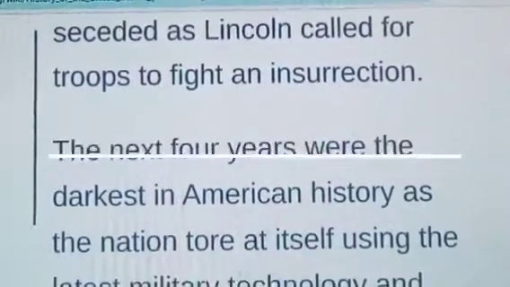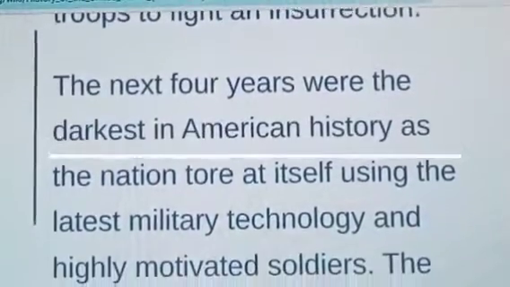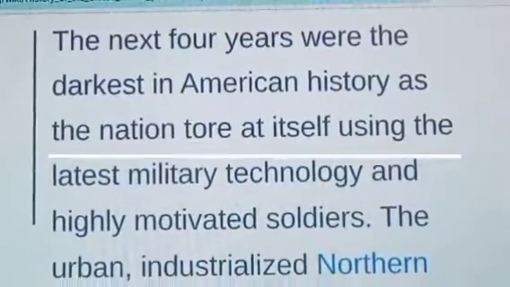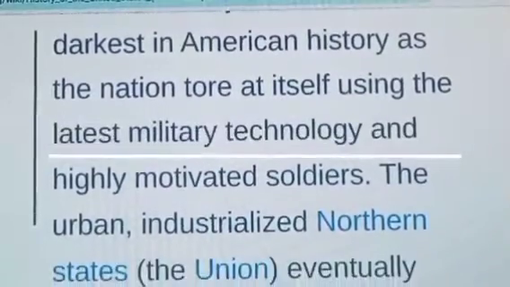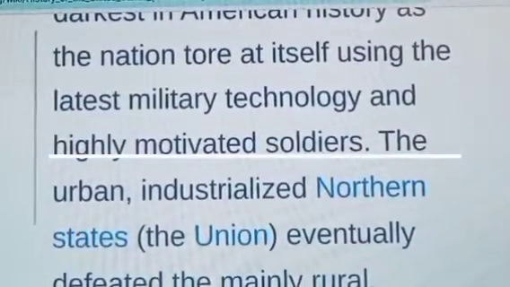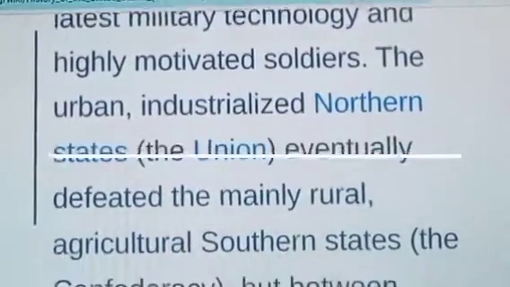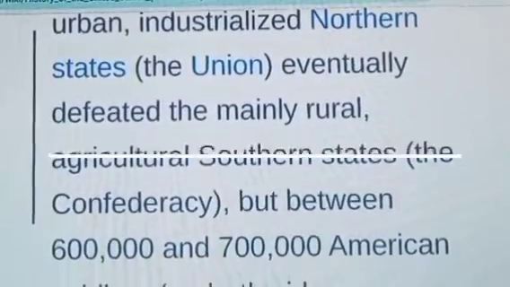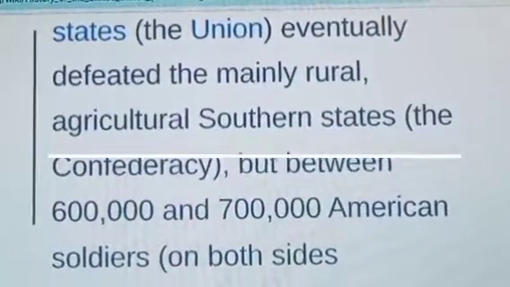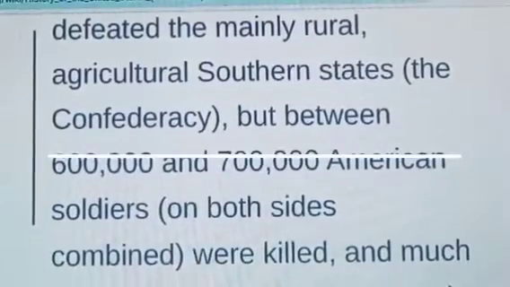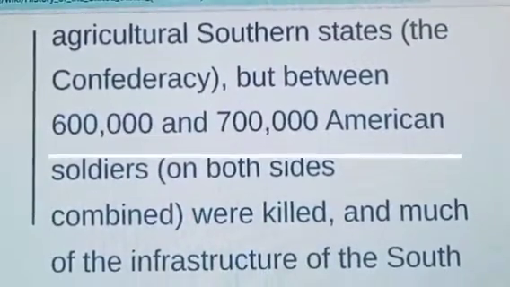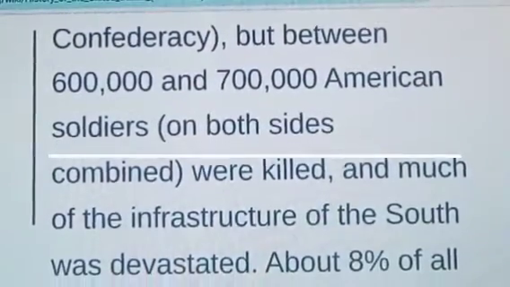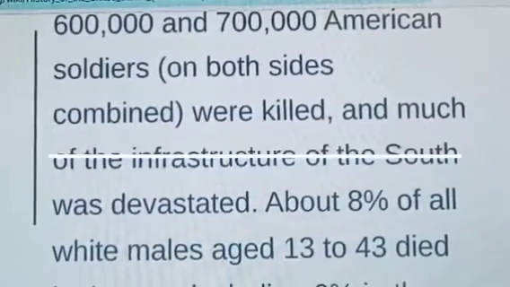The next 4 years were the darkest in American history, as the nation tore at itself using the latest military technology and highly motivated soldiers. The urban, industrialized northern states, the Union, eventually defeated the mainly rural agricultural southern states, the Confederacy, but between 600,000 and 700,000 American soldiers on both sides combined were killed, and much of the infrastructure of the South was devastated.